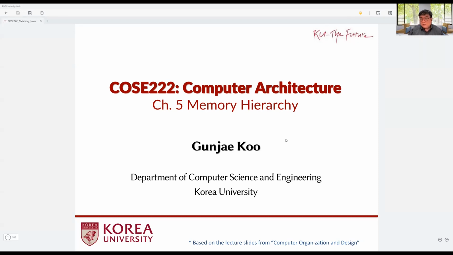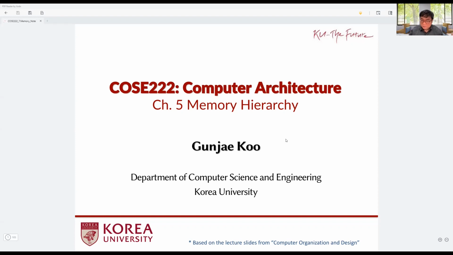Actually, the memories include storage systems because our data is stored in memories. Then in chapter 5, we will learn about memory systems. So in chapter 4, we learned about processor architecture.